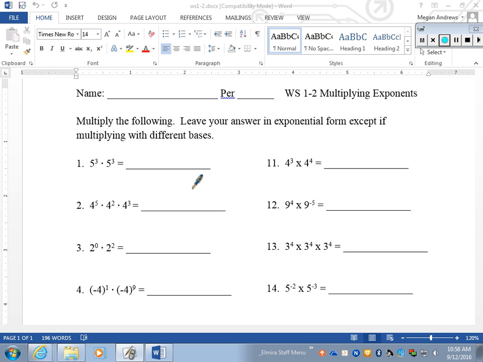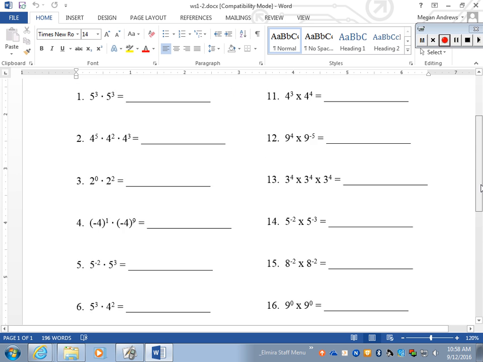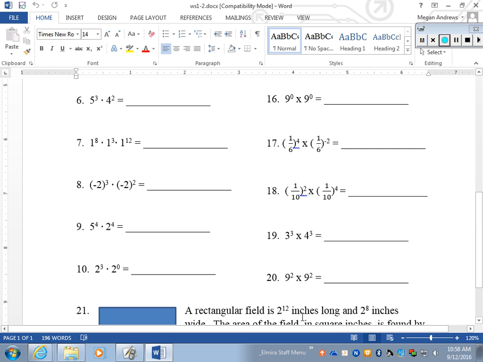Okay, but when I scroll down to number 6, number 6 is not like bases. I have a base of 5 and I have a base of 4. So in that case, I'm going to put in my calculator 5 caret 3, and get 125 times, there's no way, I can't do anything with the 5 and the 4.